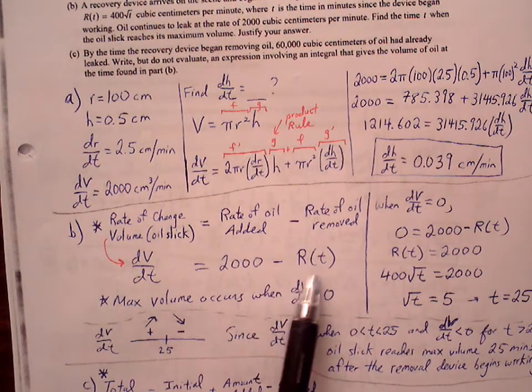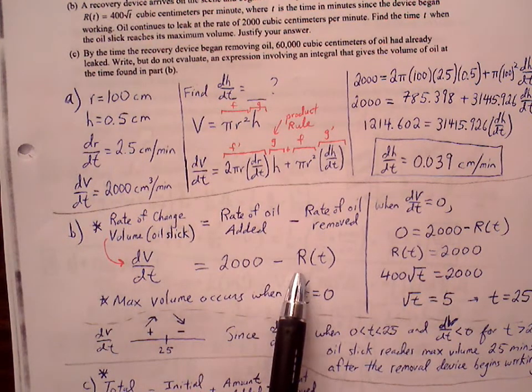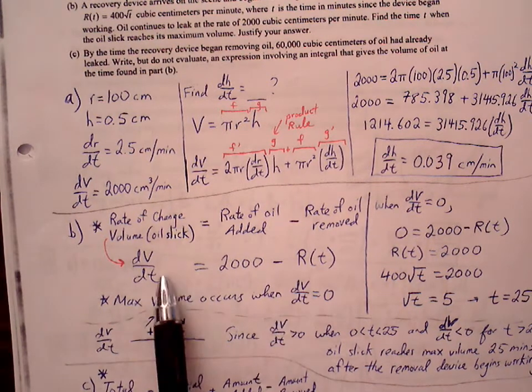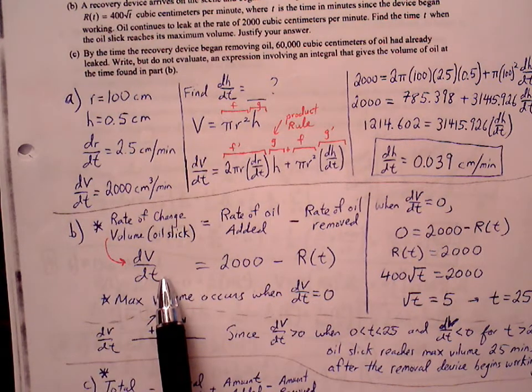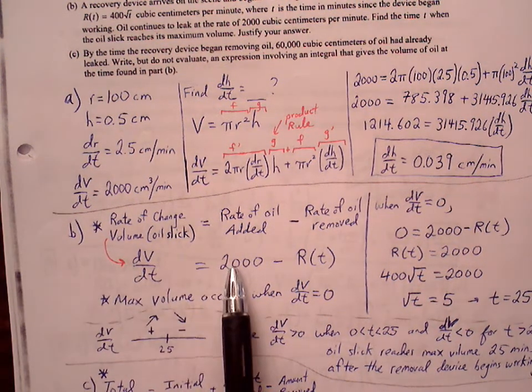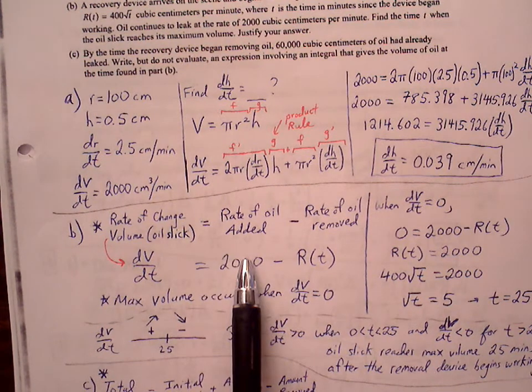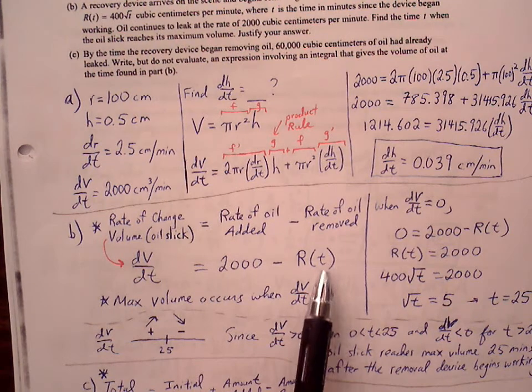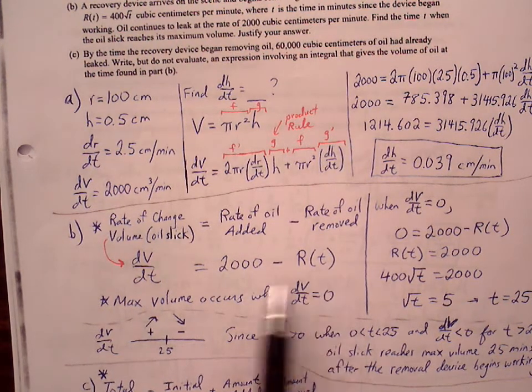Whatever the result of this is going to be the rate of change of the volume of that oil slick. So this is our formula here, where 2,000 represents the amount of oil being added to the oil slick, and R(t) is the rate at which it's being removed.